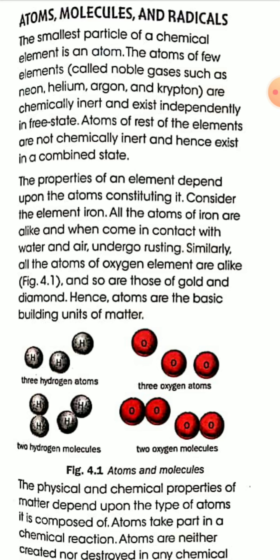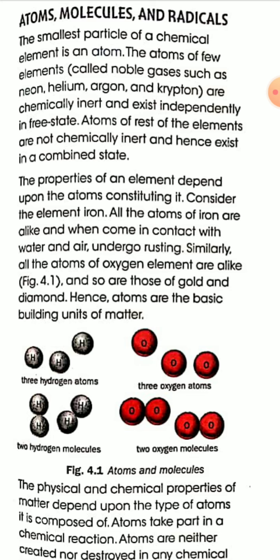The atoms of a few elements called noble gases, such as neon, helium, argon, krypton, are chemically inert and exist independently in a free state. And atoms of the rest of the elements are not chemically inert and hence exist in a combined state.